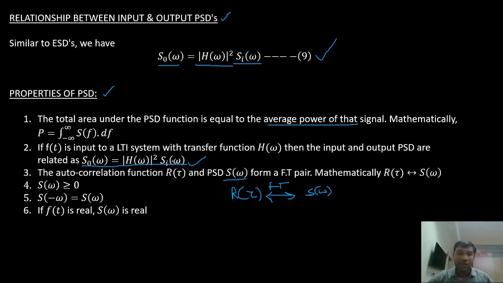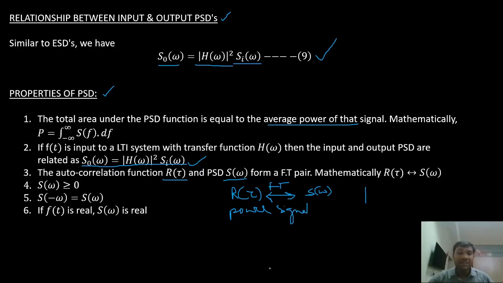That means the power spectral density is the Fourier transform of the autocorrelation function, only when the signal is a power signal.